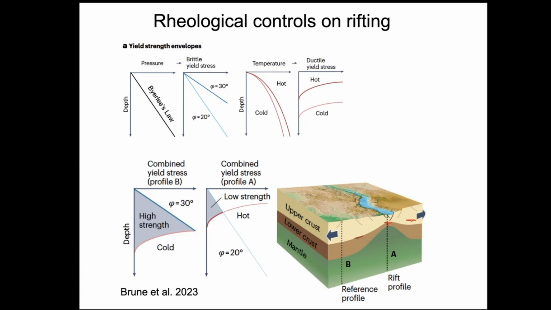So we can look at different thermal environments, one of which is quite strong and one of which is much weaker. And so here's an example right here in this reference point. We have this strength profile, but right underneath the rift, we have this strength profile. So as a result, because this is the weakest spot, all of the extension, all of the pulling, is going to be concentrated in this region.